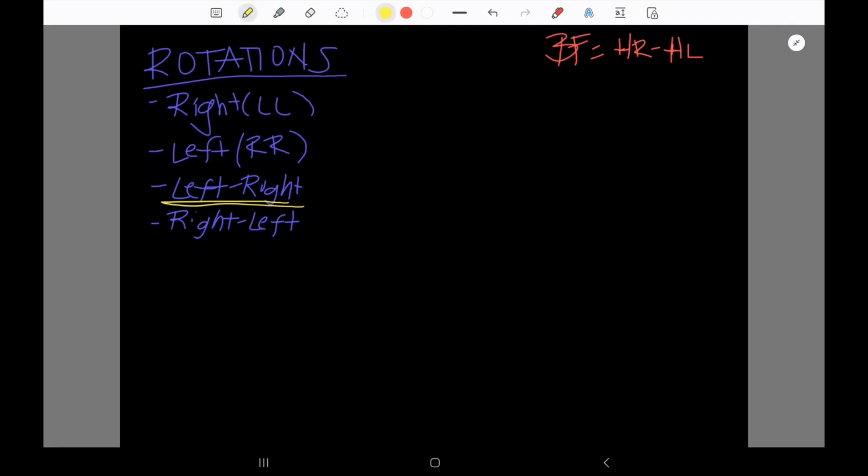So now we're gonna proceed to left right rotation. It goes the same as right and left rotation, but the rotation happens in a tree that must be rotated left and right in order for the tree to be balanced.